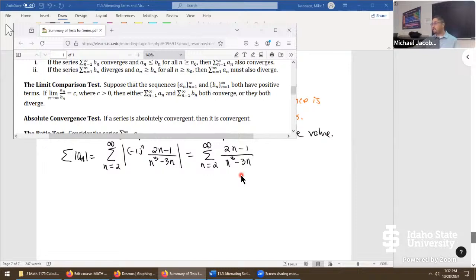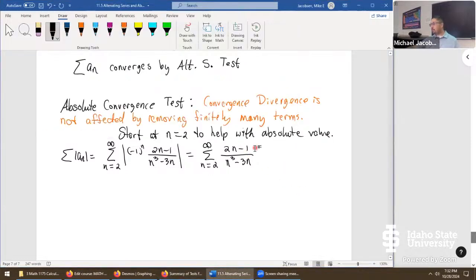So in limit comparison test, we need a new series Bn. But the way we grab it is we go to the numerator, and the most important term in the numerator is 2n. When n is large, that's the thing that's going to matter the most, and we only need the variable part, n. Likewise, in the denominator, the thing that matters the most is n cubed.